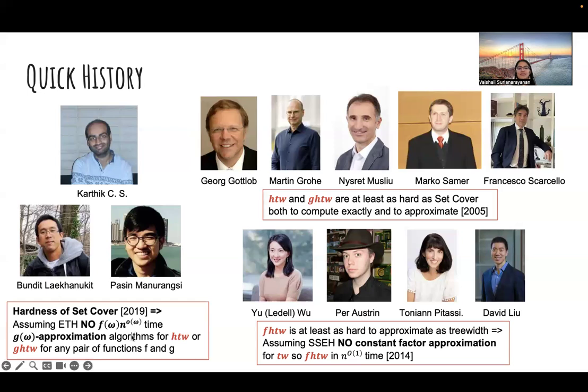So this rules out FPT approximation for hypertree width and generalized hypertree width, and it's even stronger, right? So it's an f of omega n to the o of omega time FPT approximation. That's ruled out.